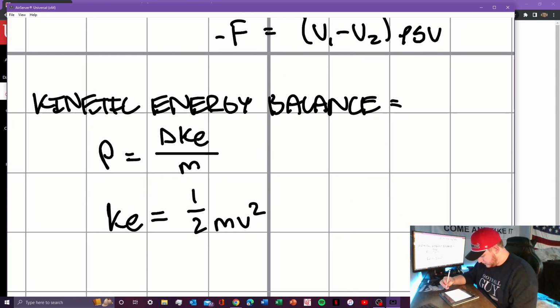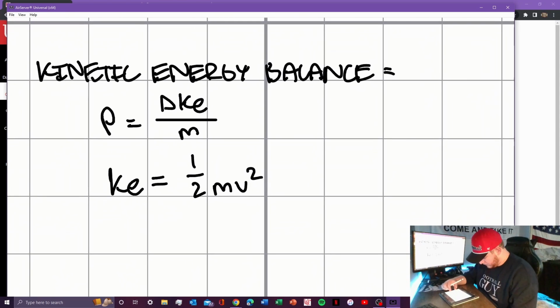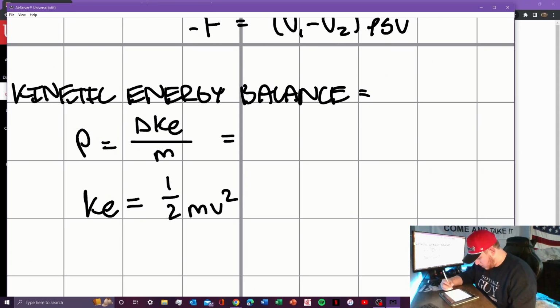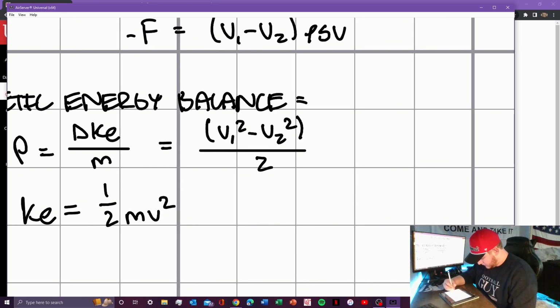So if we throw this into the equation here, we will be left with V1 squared minus V2 squared over 2 is equal to, these terms will cancel, times the mass flow rate, rather. And that'll be rho SV. Forgot the mass flow rate part there. Perfect.